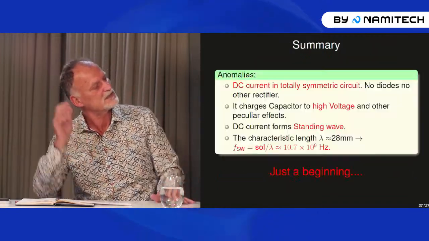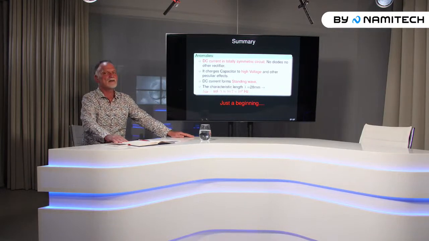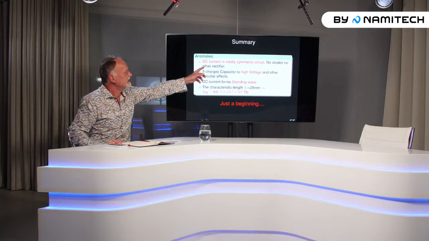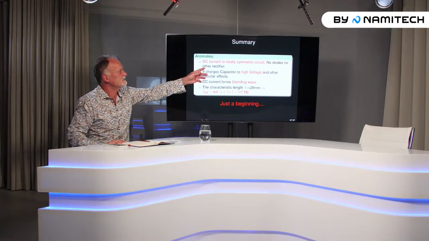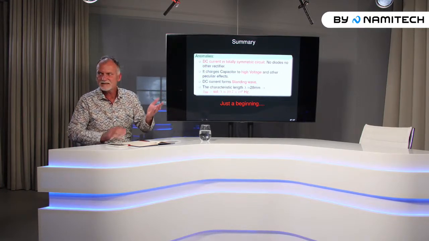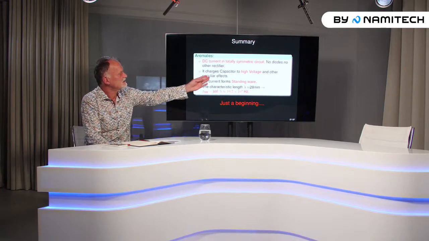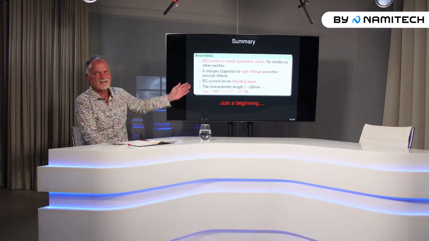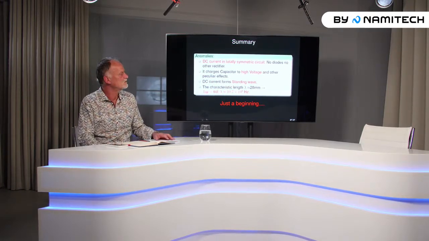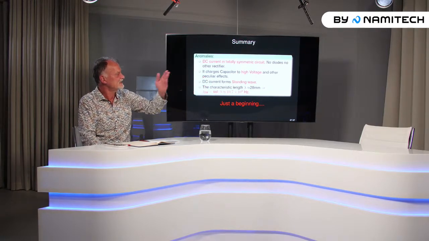So if we go to the last slide, I believe we are already observing anomalous DC current in a totally symmetric circuit. There are no diodes or rectifiers, and still you have a DC component, right? It charges the capacitor to infinitely high voltage. If we don't have this spark gap, then probably the capacitor will blow up, right? The DC current forms standing waves, right?